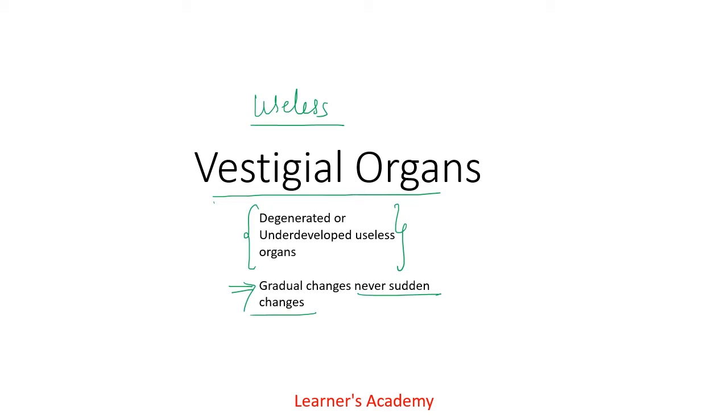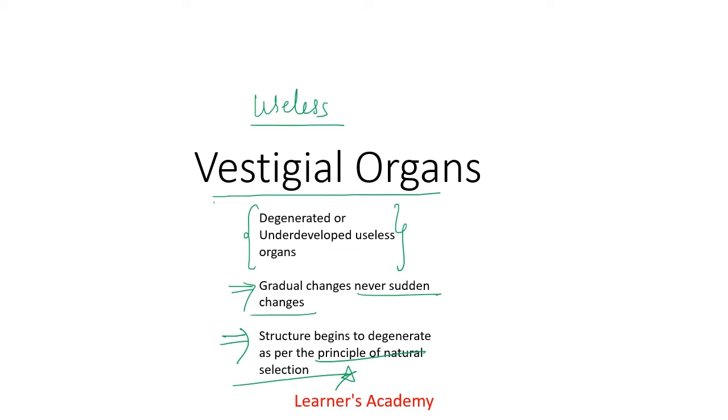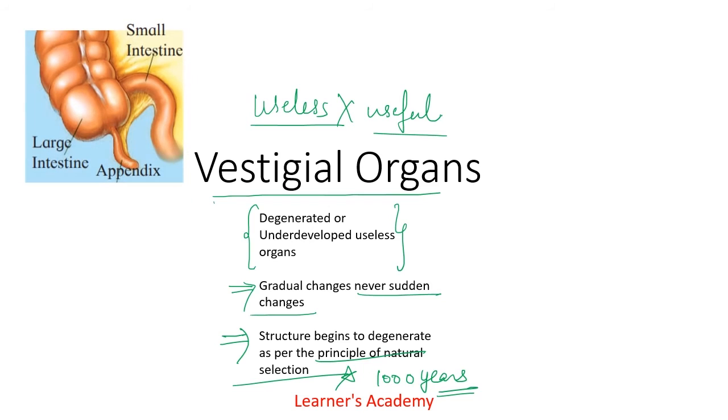Then that structure begins to degenerate, and as per the principle of natural selection, it takes thousands of years for a structure to disappear completely. We can see organs which are in different phases of disappearance in different animals, but the same structure may be functional and also useful in other organisms. That means they are not vestigial in them. They are not completely useless in them.